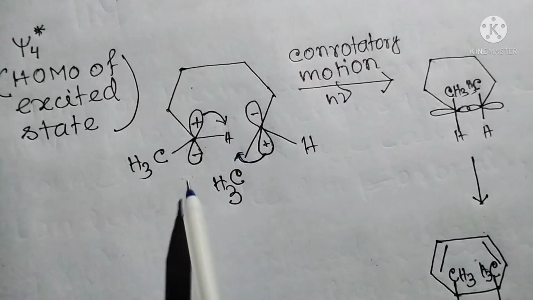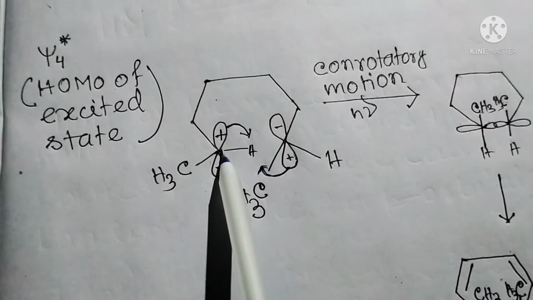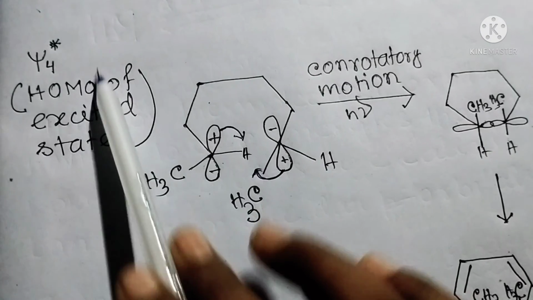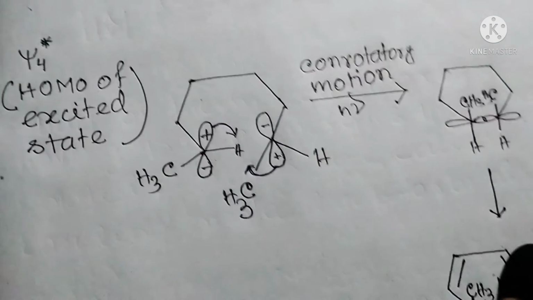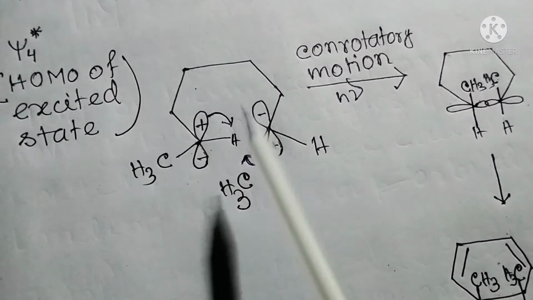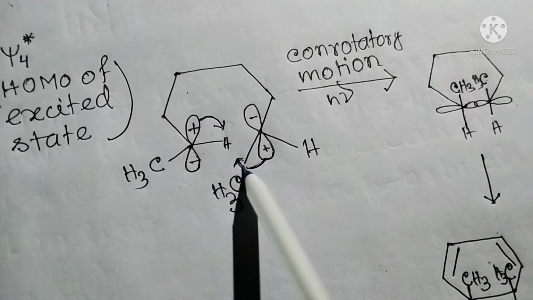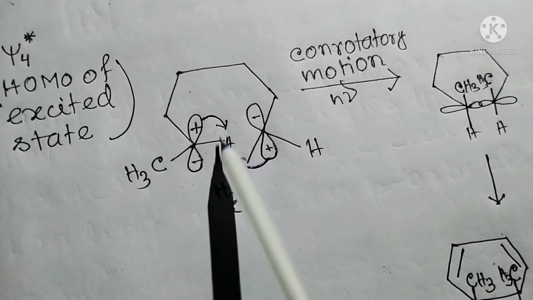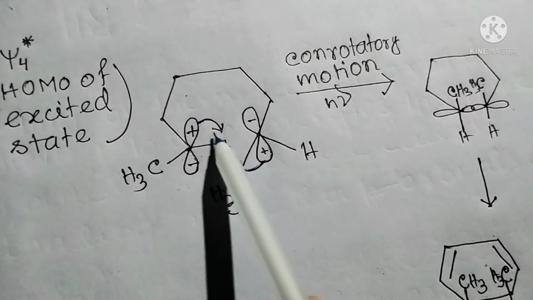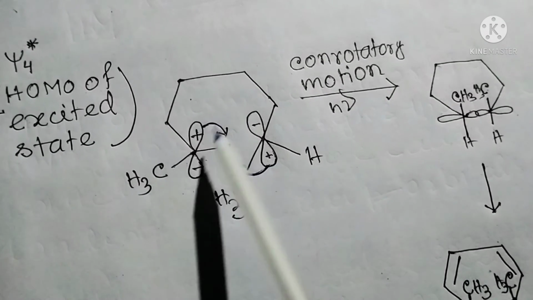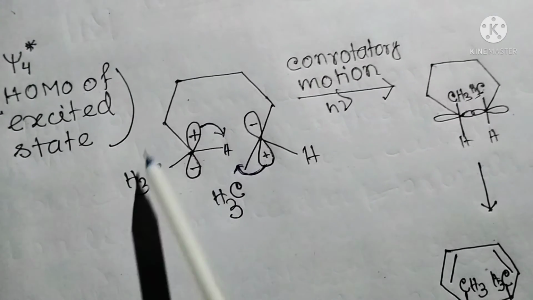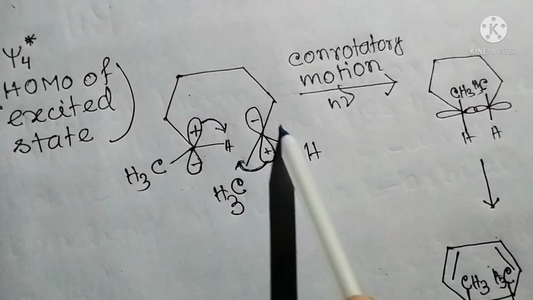We take this compound. This is psi 4 star, the HOMO of the excited state. This p orbital rotates from here to here, and this p orbital rotates from here to here. These rotate clockwise, and these also rotate clockwise.